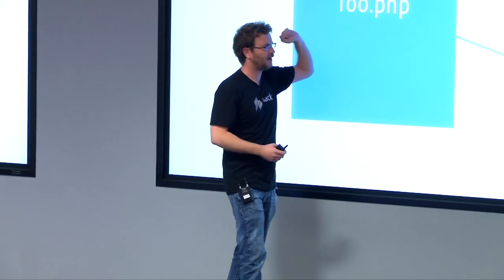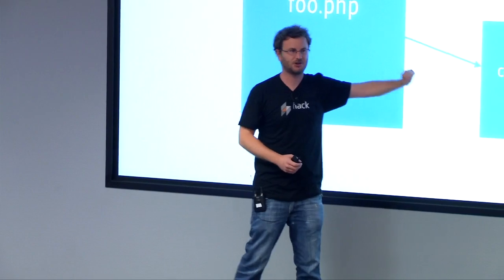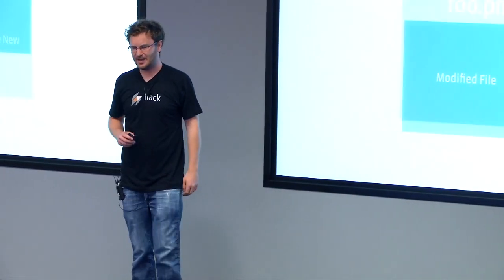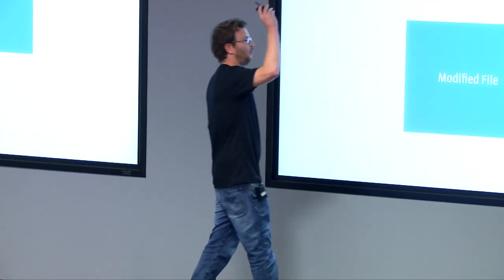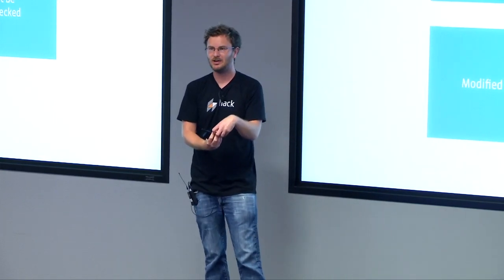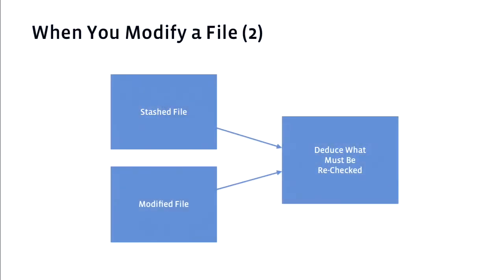Then we take this file and we compute the new version of foo.php. Once we have that, we take the old version and the new version and we compare the two at a very fine-grained level. So we know if the only thing that changed was a return type. Let's say you don't change the signature of anything, well, we know we don't have to recompute anything because the signatures are the same.